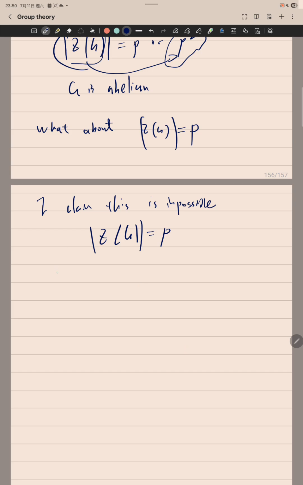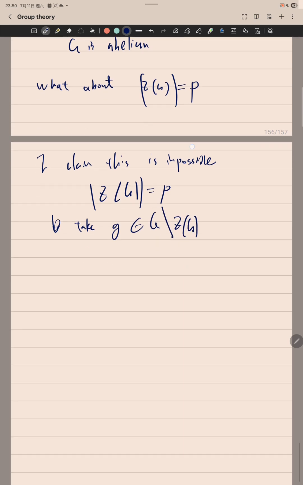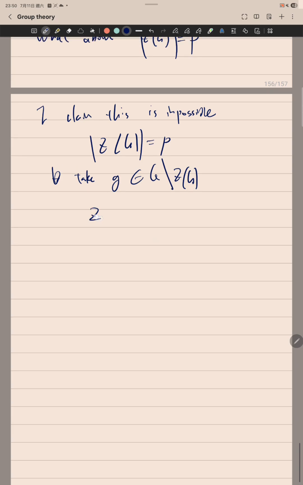I can take some g which is outside the center, and take the subgroup generated by the center Z(G) and g. Indeed, this is larger than Z(G) because g is not in Z(G), right?